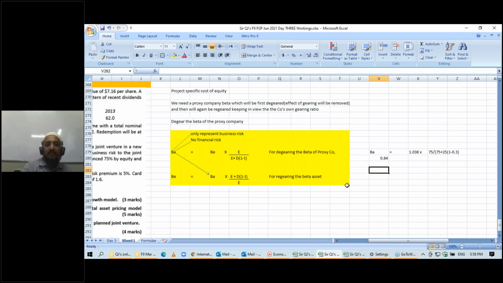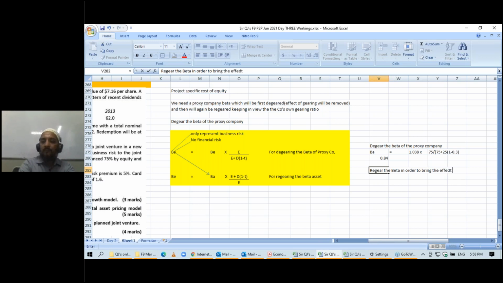Now the next step is re-gearing the beta. Re-gear the beta in order to bring in the effect of the financial gearing of the card company itself.